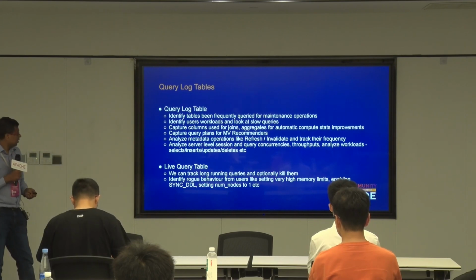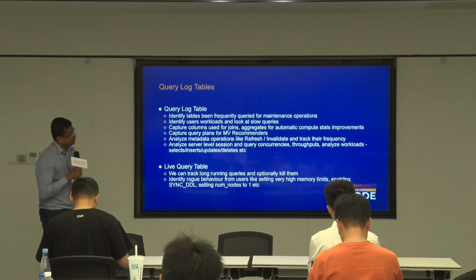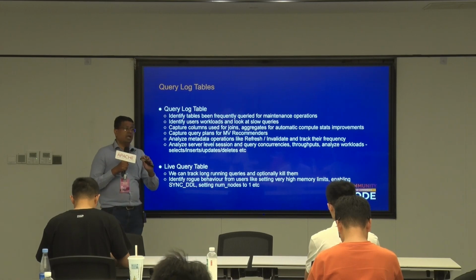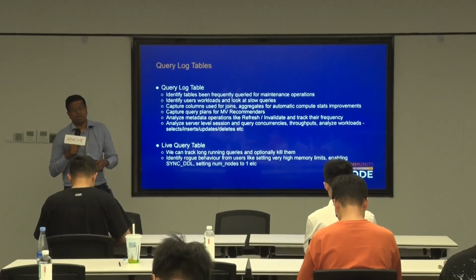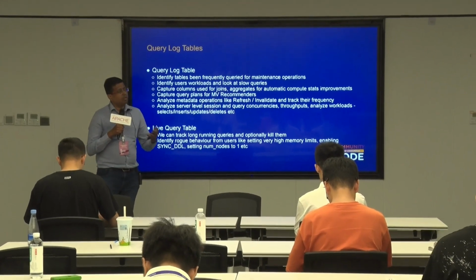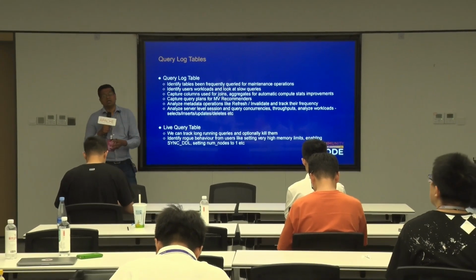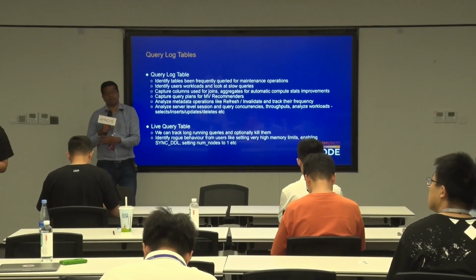For live tables, you can track all queries running concurrently across multiple coordinators. In the past, every coordinator used to have a UI, and from the coordinator UI you could look at currently running queries. Now with Impala, if you have multiple coordinators, and for most large clusters you do, you have to go to each coordinator to understand what queries are currently running.